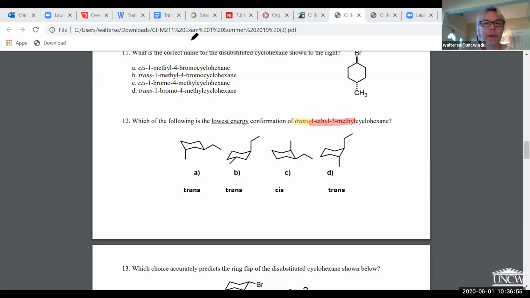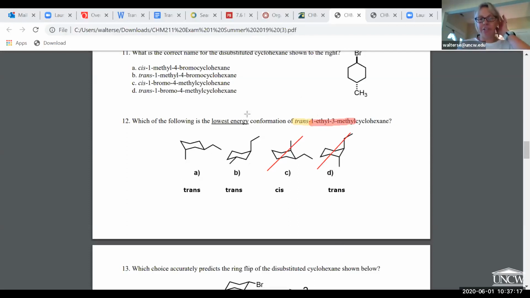Okay, so let me come back out here. So this one's out, 1-3, this one's out. This is 1-2. 1, 2, 3, 1, 2, 3. Okay. Then look to make sure you have an ethyl, ethyl, methyl, methyl.